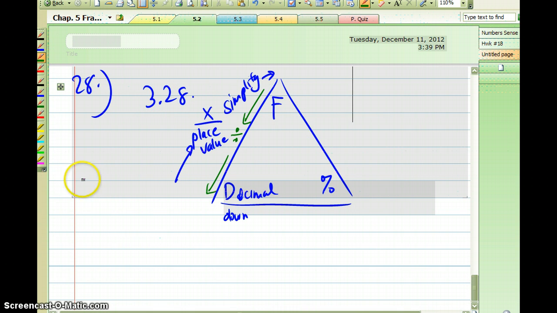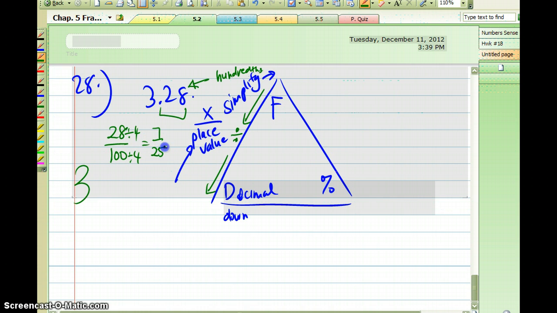Okay, so I'm going to take 3.20. I can leave the 3 as a whole number and figure out what the fraction is for 0.20. I would put 20 over 100 because the place value is in the hundredths place. Okay, then I'm going to simplify this fraction, divide both of them by 4, giving me 7 over 25.